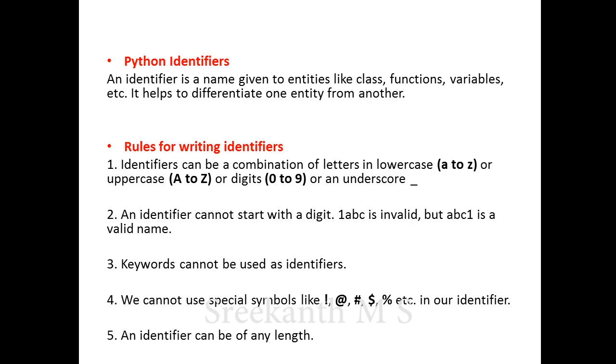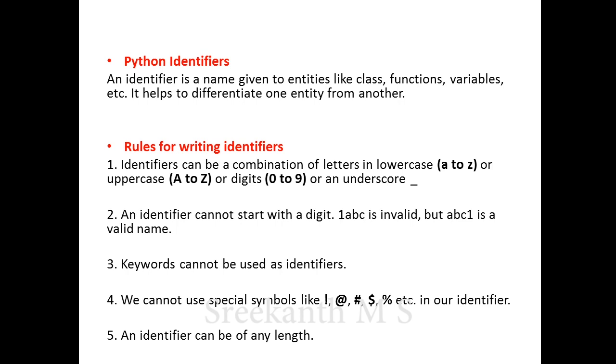The fourth rule is we cannot use special symbols, not only these five, any special symbols in Python. The fifth one is an identifier can be of any length. There is no limit for the length in Python. So these are the 5 rules used in the Python language.